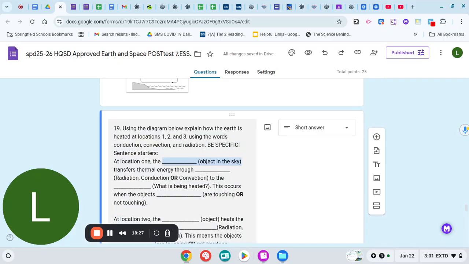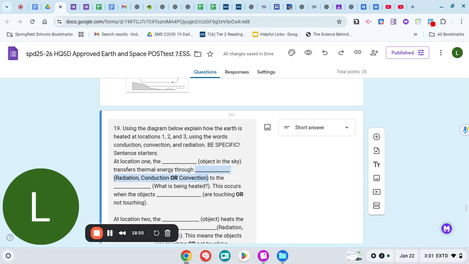So it'll say, at location 1, the blank, and I'll give you a hint, it's not the moon. So do not put at location 1, the moon transfers thermal energy. It's the other one that's out during the daytime. Then delete the blank, and it should say either radiation or conduction or convection, not all three.